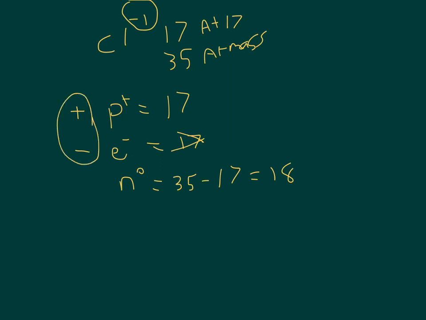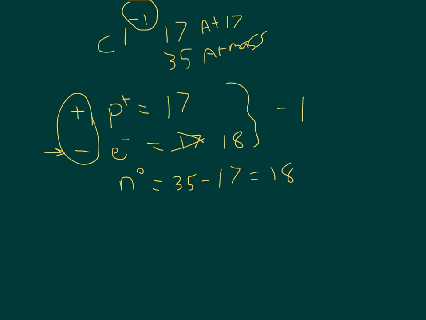We want an extra electron because the electron is giving the negative charge. So instead of 17, we have 18. Now you've got 17 positive charges, 18 negative charges. That gives you an overall net -1 charge because of that extra electron. That's how you do this.